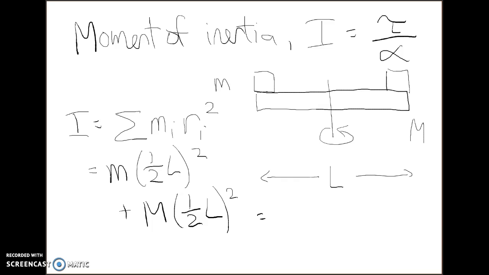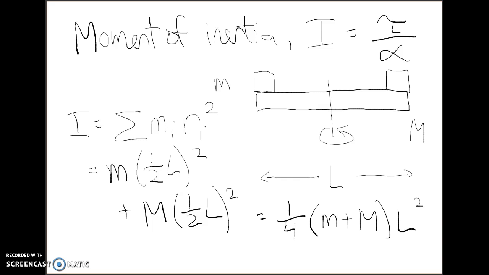Which means we're going to have 1/4 of (little m plus big M) times L squared. And that's the answer.